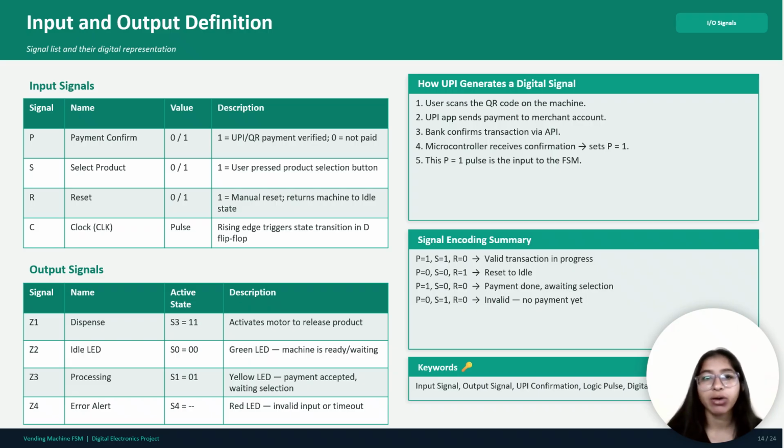Our microcontroller, connected to the internet via Wi-Fi, receives this confirmation and immediately sets the signal P to logic 1. The logic 1 pulse is the trigger that starts the FSM transition from idle to the payment received state. This is the bridge between the digital world of logic circuits and the real world of online banking. So let us see how UPI generates a digital signal. It is a five-step process.